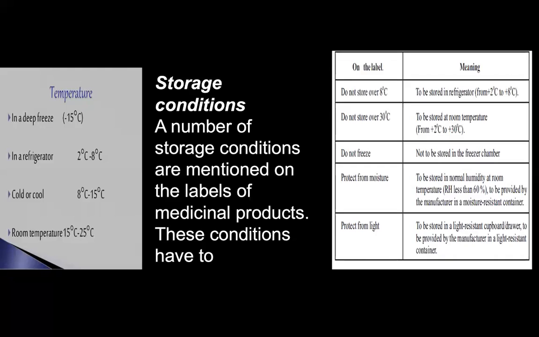Protect from moisture means to be stored in normal humidity at room temperature, provided by the manufacturer in a moisture resistant container. If protect from light, it is to be stored in a light resistant cupboard drawer, provided by the manufacturers in a light resistant container. So generally, these are the various conditions of temperature regulation for the different types of drugs.